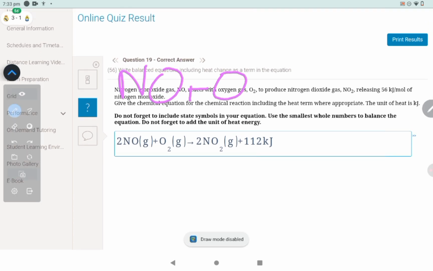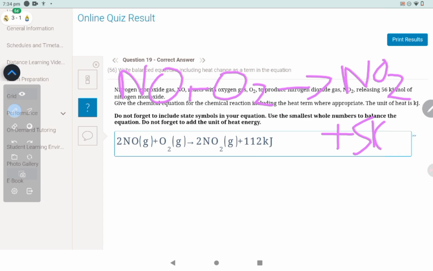NO reacts with oxygen gas to produce nitrogen dioxide, NO2, plus 56 kilojoules per mole of nitrogen monoxide. So nitrogen monoxide is this right here.